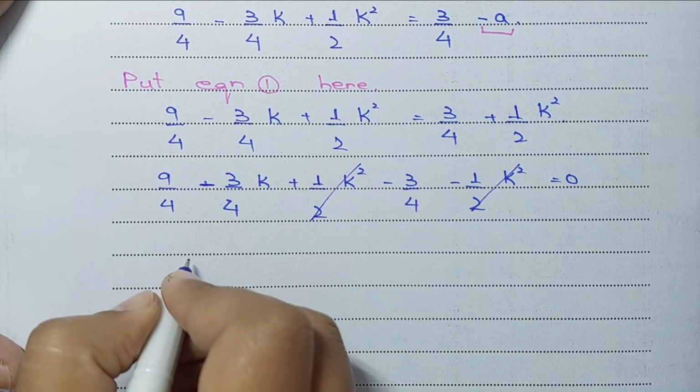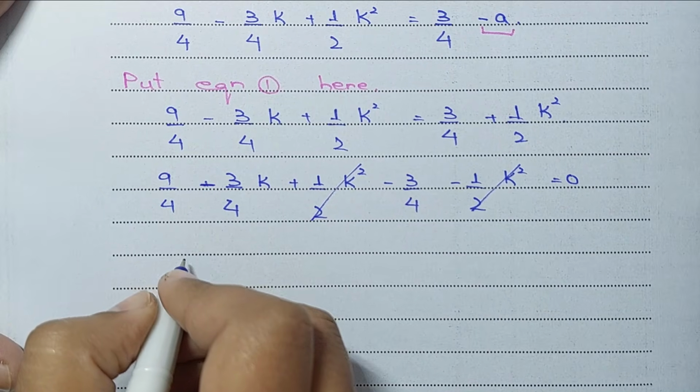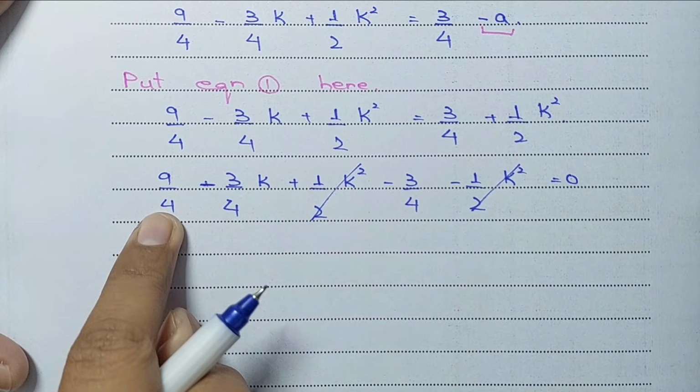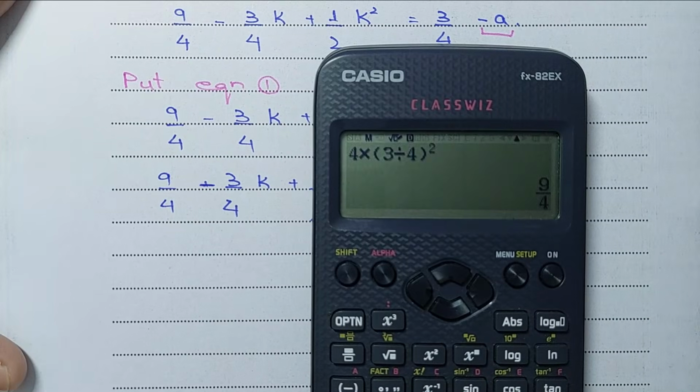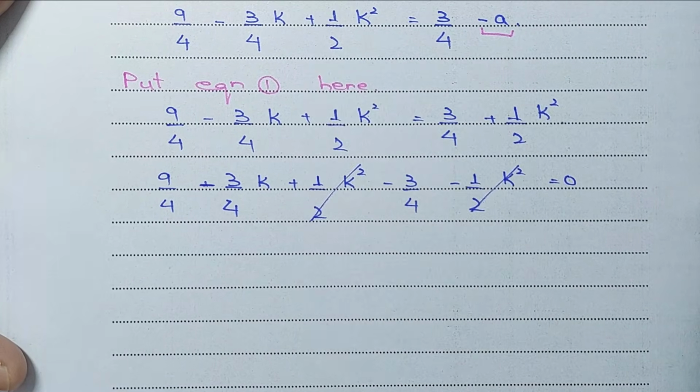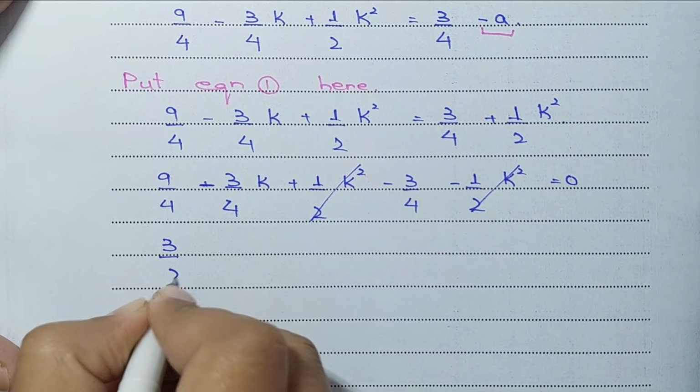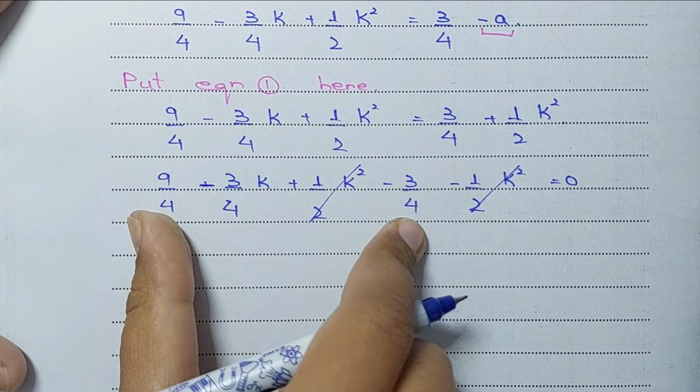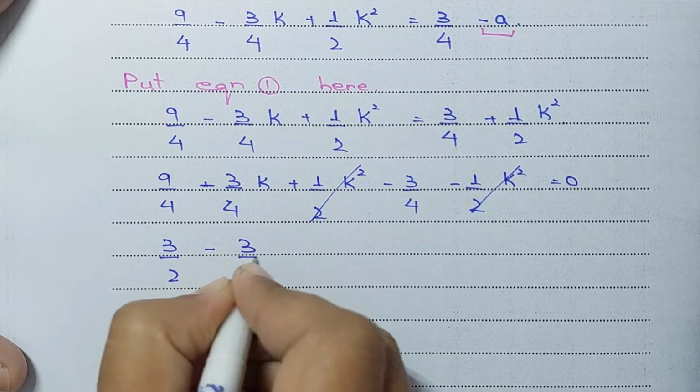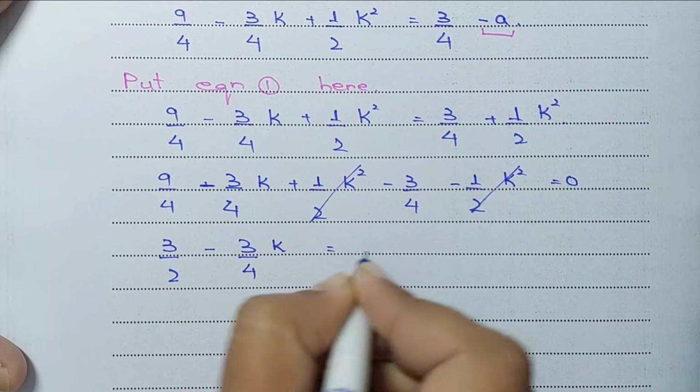Now simplify 9 by 4 and 3 by 4. 9 by 4 subtract 3 by 4 is 3 by 2. So I simplified these two and just this is left, minus 3 over 4k. We can solve for k.